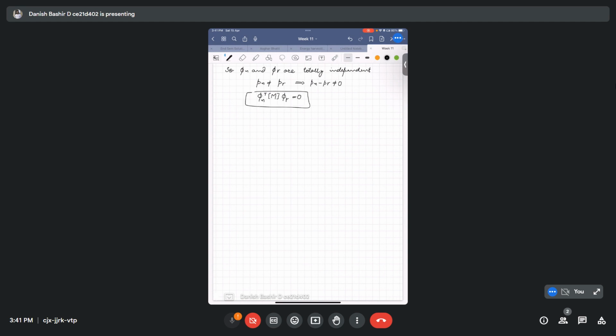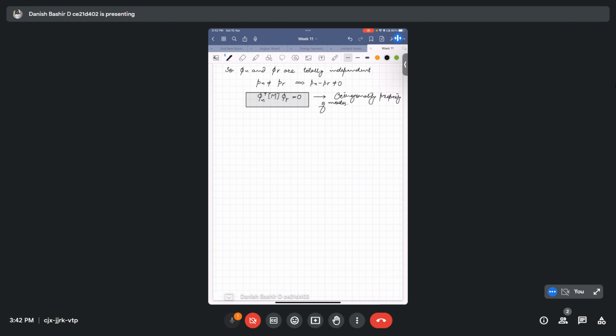This is simply the modal orthogonality property of modes. So this is the thing we needed to prove.